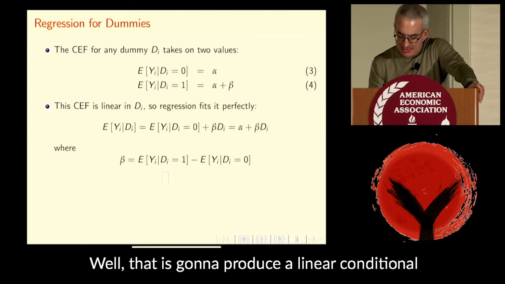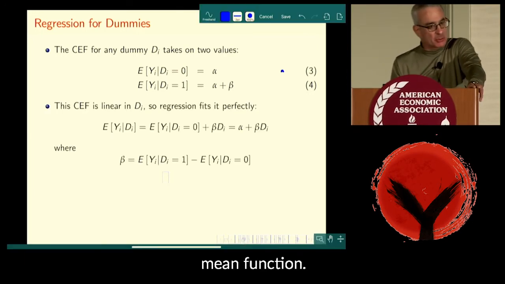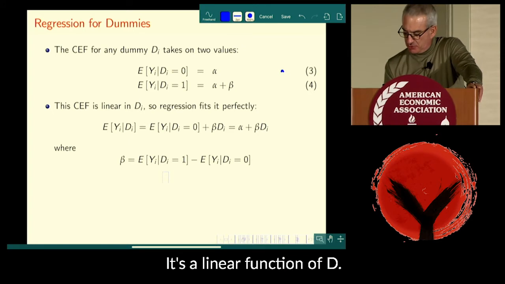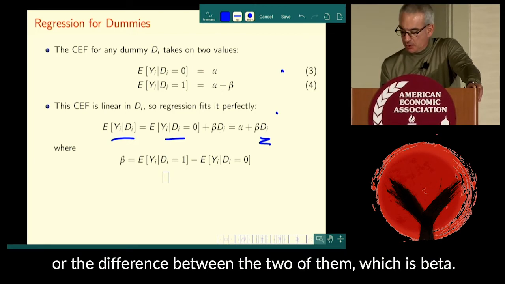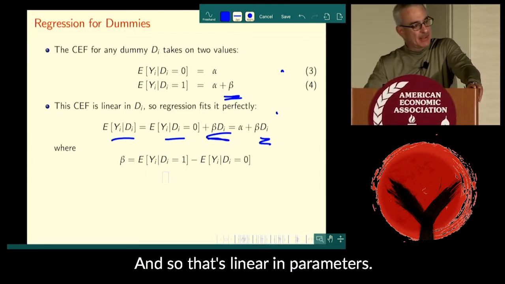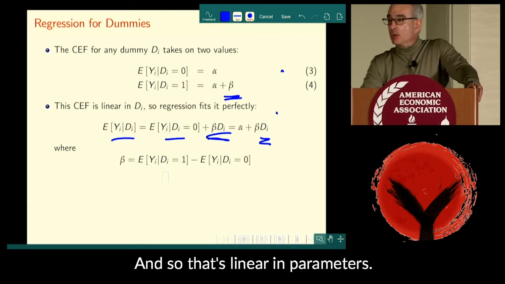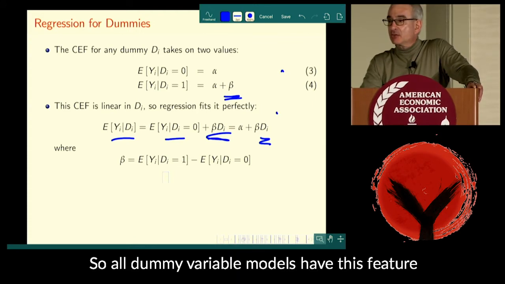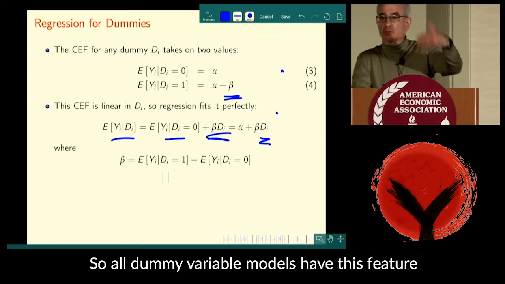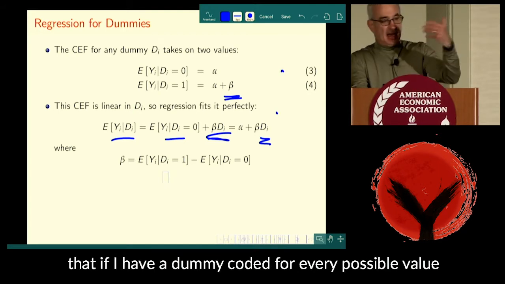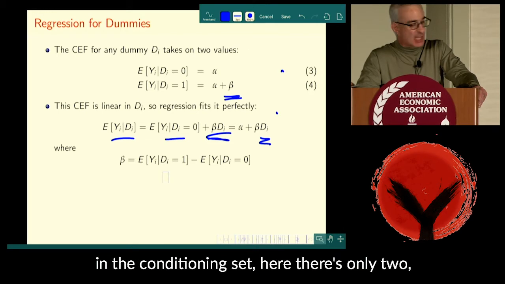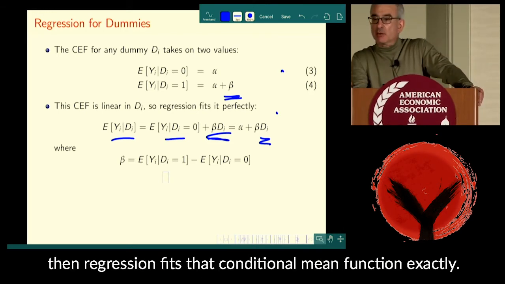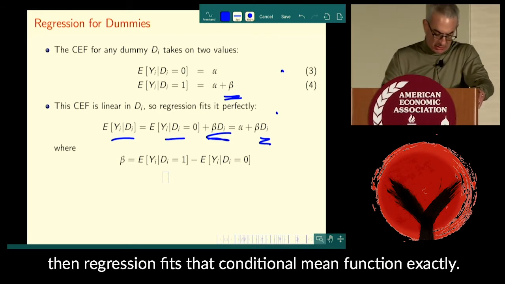Well, that is going to produce a linear conditional mean function. It's a linear function of D. E of y given D is either E of y with D switched off or the difference between the two of them, which is beta. And so that's linear in parameters. So all dummy variable models have this feature that if I have a dummy coded for every possible value in the conditioning set, here there's only 2, then regression fits that conditional mean function exactly.